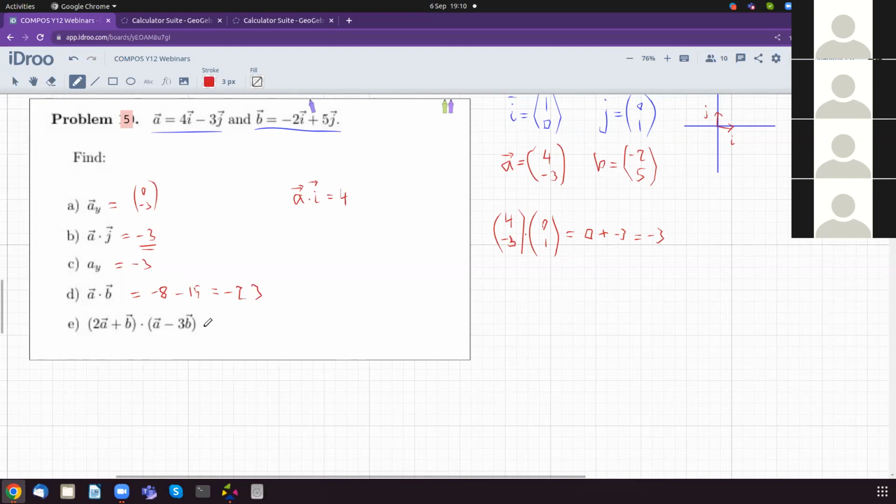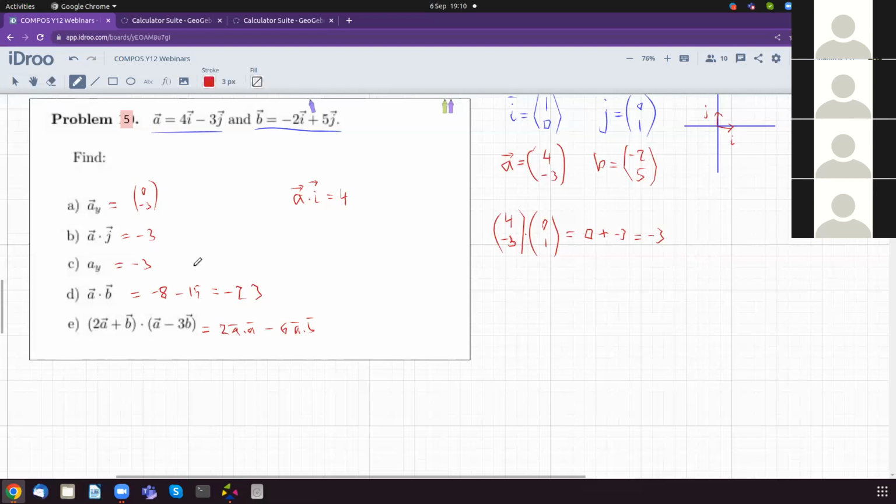This, well, you need to expand that. So 2A times A, minus 2A times 3B, so it's 6A times B. No, because this is a scalar product, and the answer is a scalar, it is not a vector.